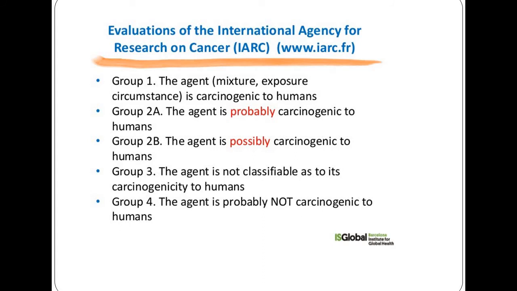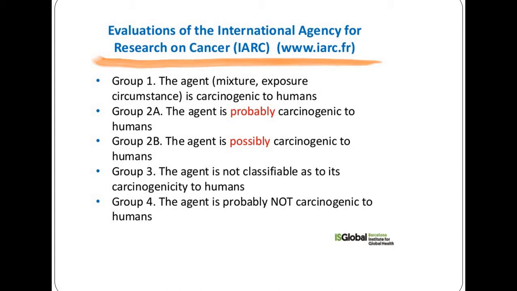Generally, these carcinogens have been classified into 4 groups by the International Agency for Research on Cancer. Group 1 are the agents or chemicals which are proven to be carcinogenic to human beings. In group 2 you have 2 categories, A and B. 2A is probably carcinogenic, and 2B is possibly carcinogenic.